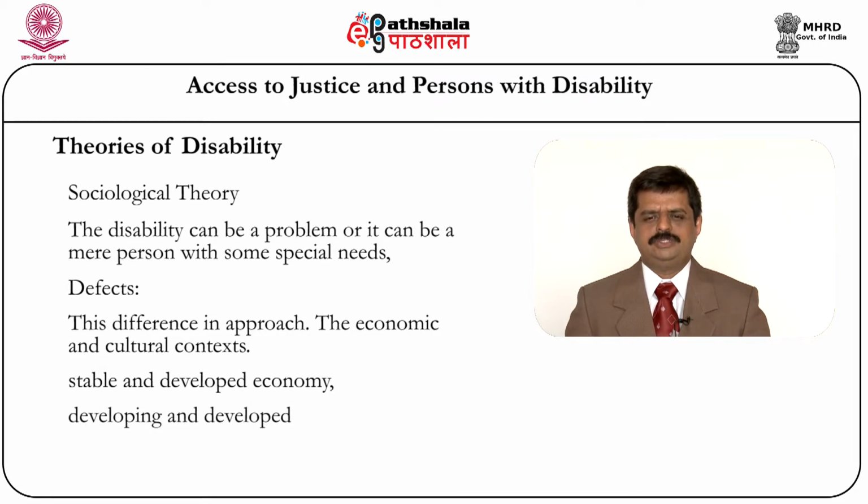So, in sociological theory, each society looks at disability from a different paradigm, and this difference may be on an economic, religious or even cultural basis. Take the example of blindness again.